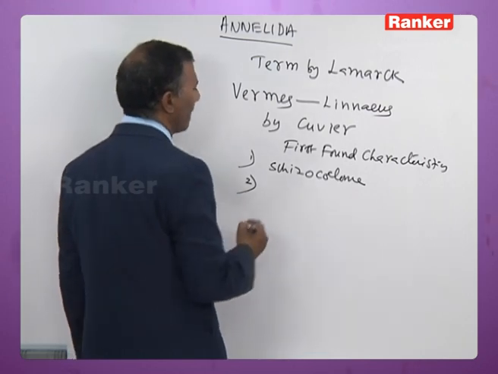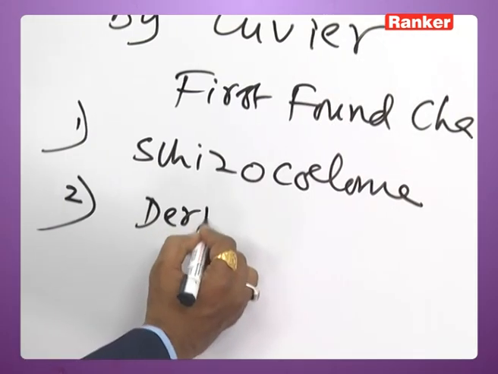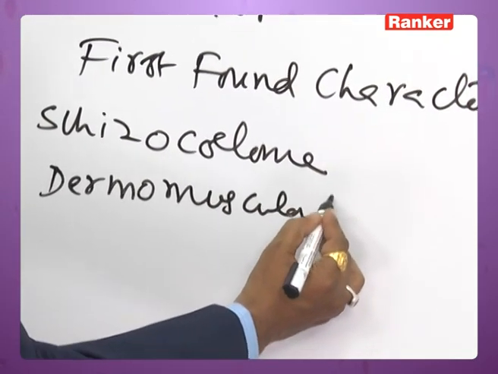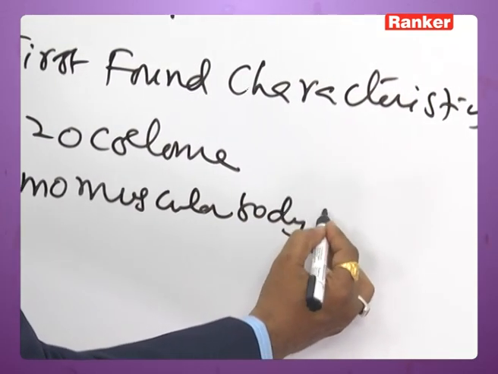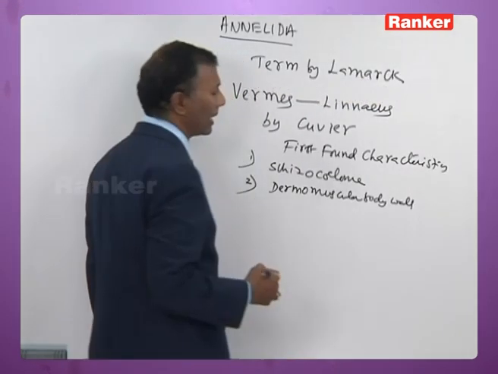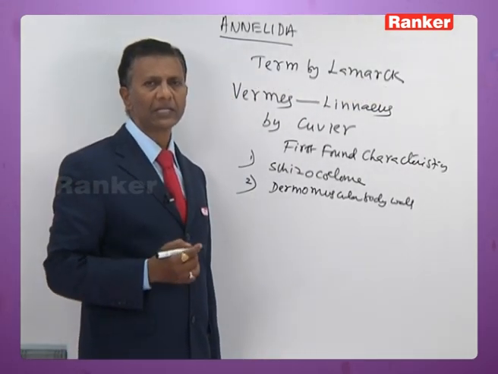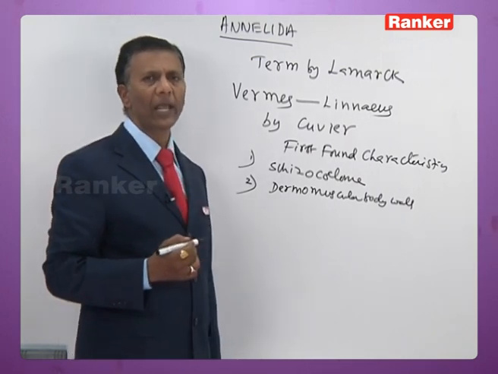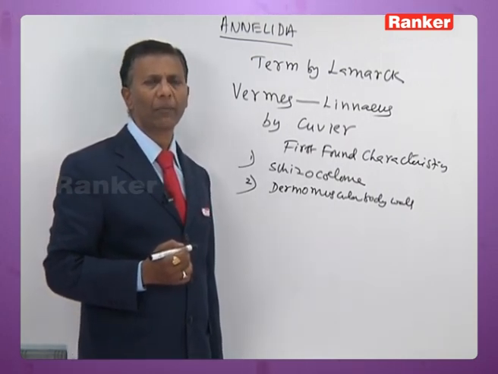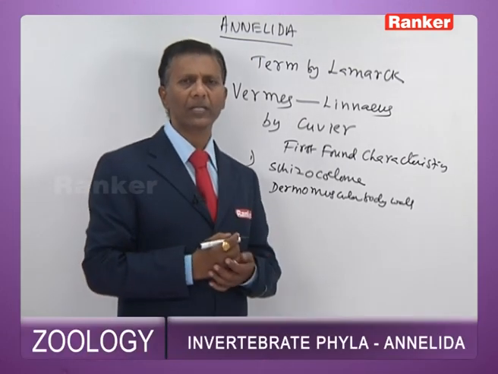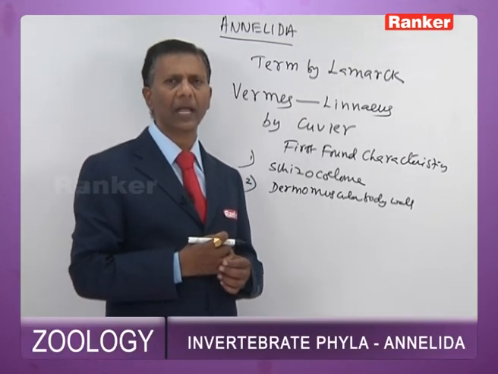in them, dermomuscular body wall is present, with dermis and muscles well developed. The outermost layer of the body wall is cuticle deposited with collagen and chitin.